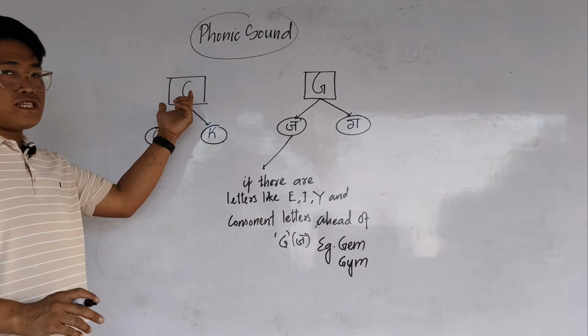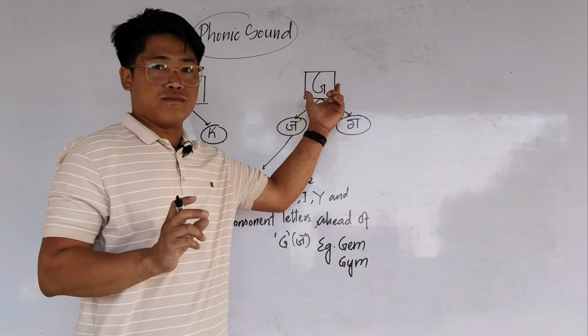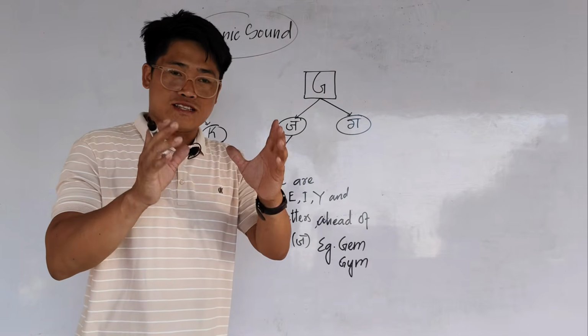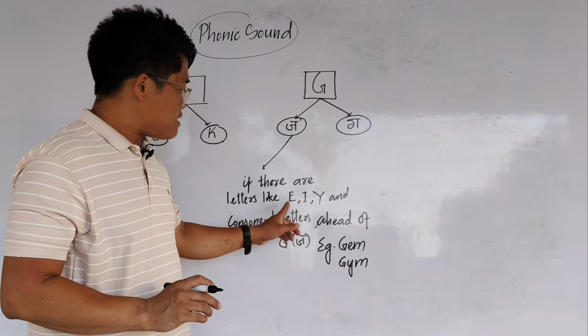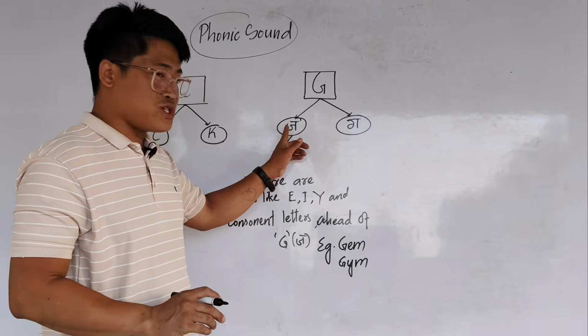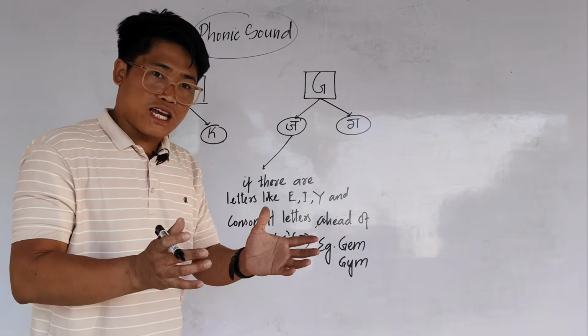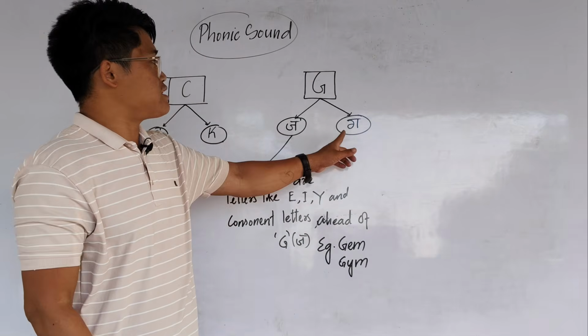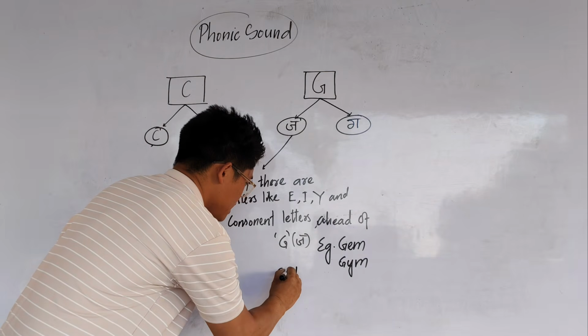The concept of C is clearer than the concept of G. G is a little bit confusing because I'm telling you that if the letter is E, I or Y, it is pronounced as J, but in some cases it is still pronounced as G. Example, G-I-R-L.